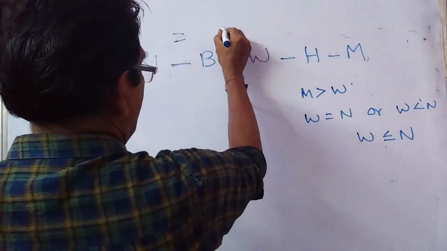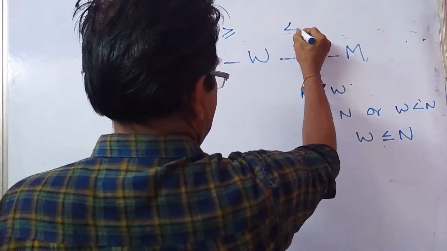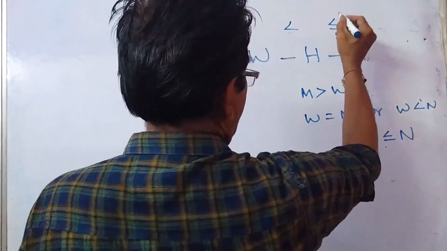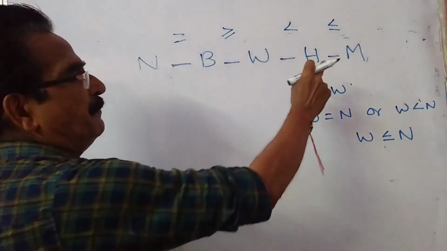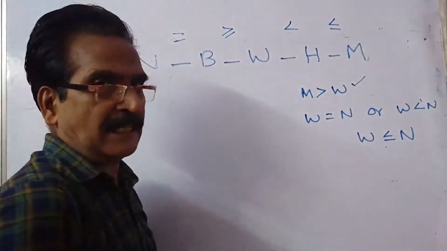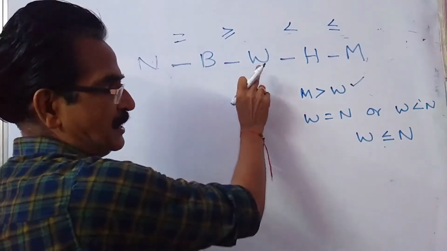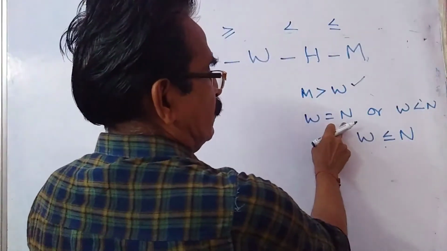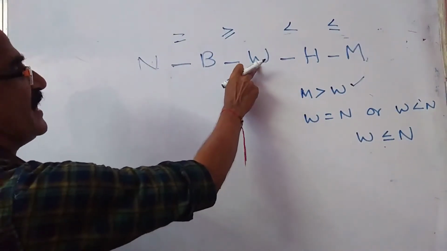Equal to, greater than or equal to, less than or equal to. Now M greater than W is true. Greater than or equal to greater than. So M greater than W is true. What else we want? W less than or equal to N. Yes.